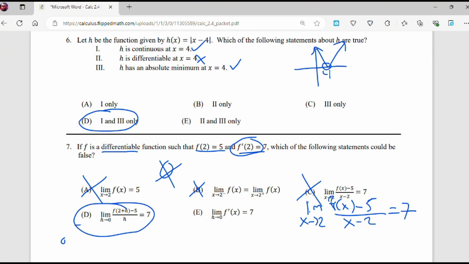But if you want me to check E, I will do so. E is telling us that the limit as h approaches 0, f prime of x equals 0. Well, this one's just straight up wrong. Well, our h approaches 0, but we don't even have an h in our function here.